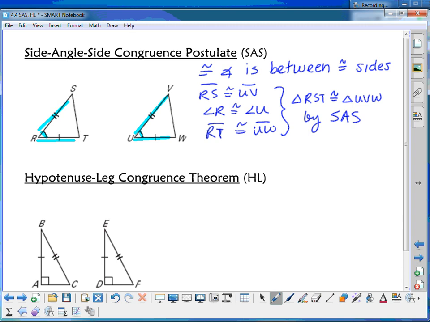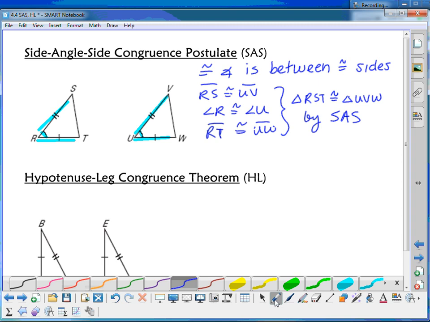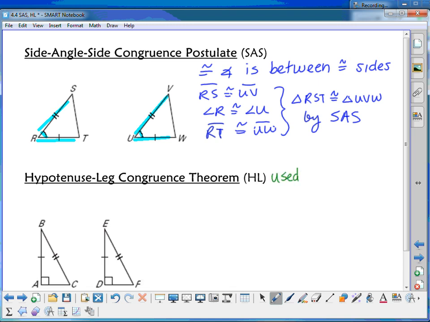Another theorem we have for proving congruent triangles is hypotenuse-leg. Hypotenuse-leg can be used only for right triangles. Before you use it in the proof, you must state in the proof that it is a right triangle.